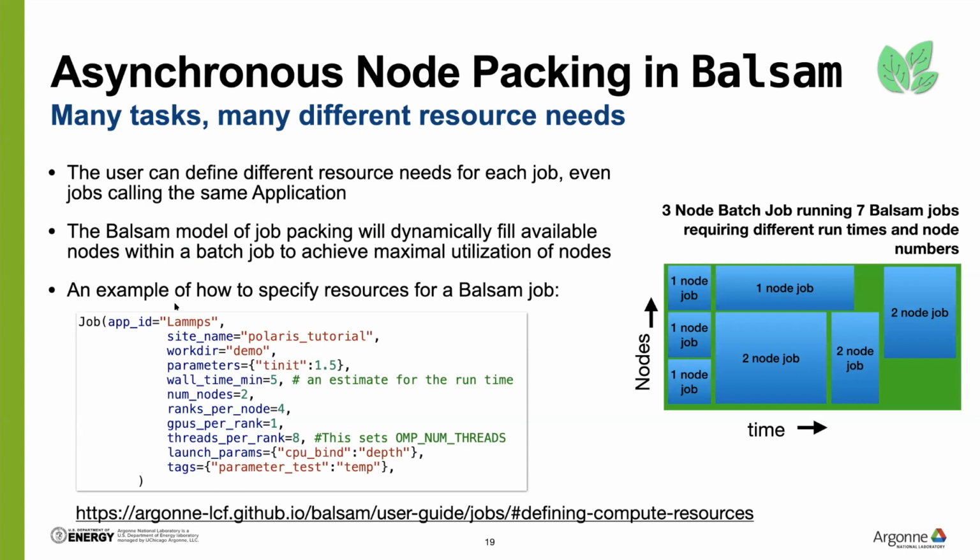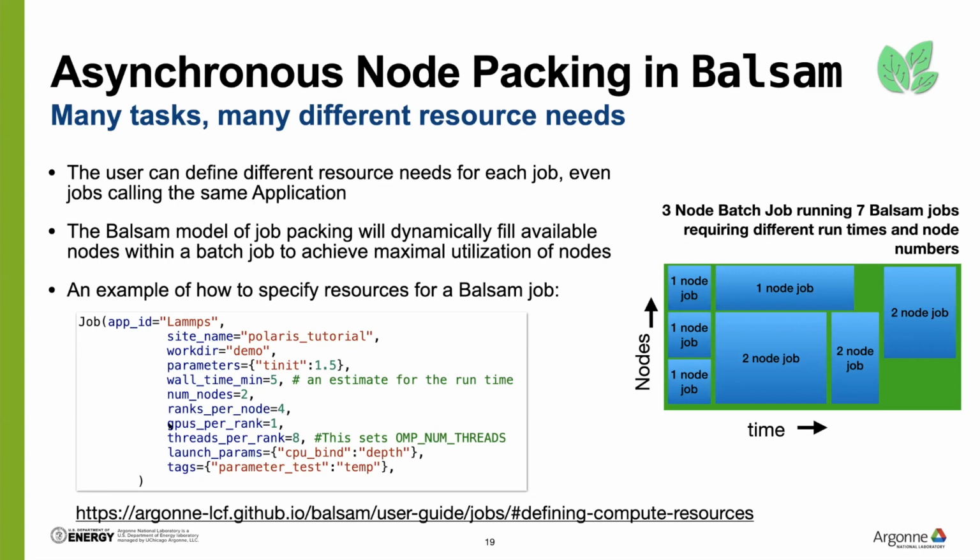I didn't really give a long complex example in that previous slide, but here, if you wanted to specify for each job shown in this code snippet here, you can define how many nodes you want it to run on, how many ranks per node, all of the things you would specify on the mpiexec line to run the application.